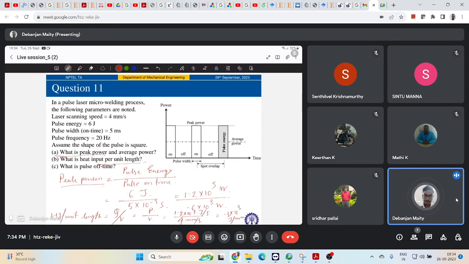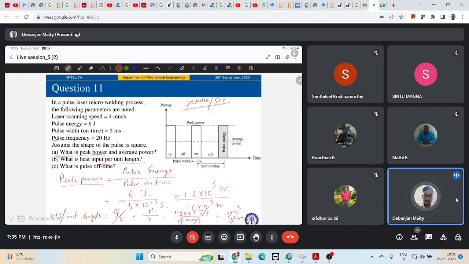Then I need to find out the pulse off time. How can we find out the pulse off time? We have the pulse frequency over here, which says number of pulses per second. So 20 pulses per second, right?